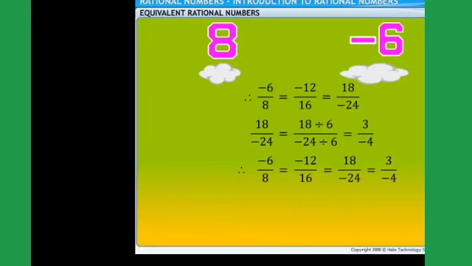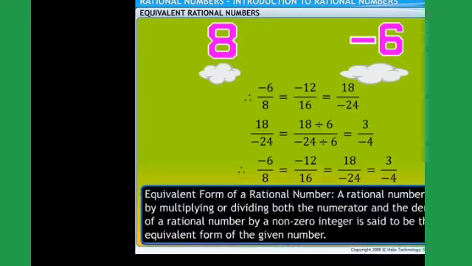Such rational numbers are said to be equivalent to each other. By multiplying or dividing both the numerator and the denominator of a rational number by a non-zero integer, another rational number is obtained, which is the equivalent form of the given rational number.